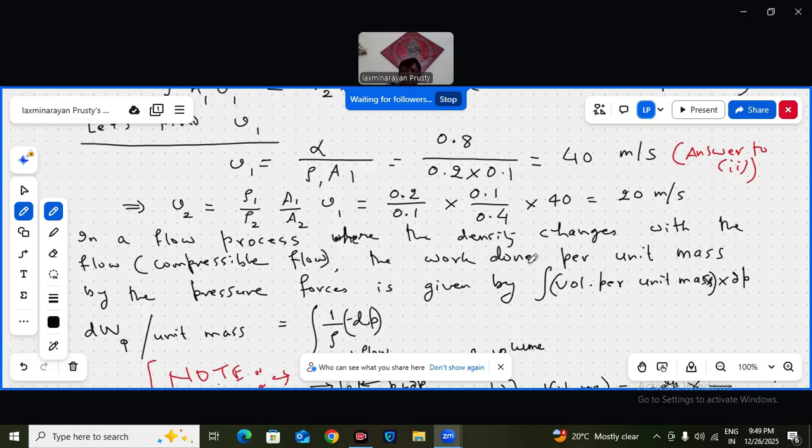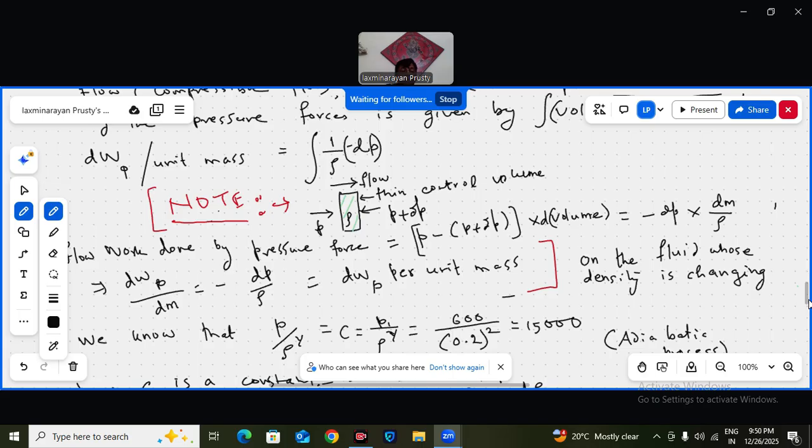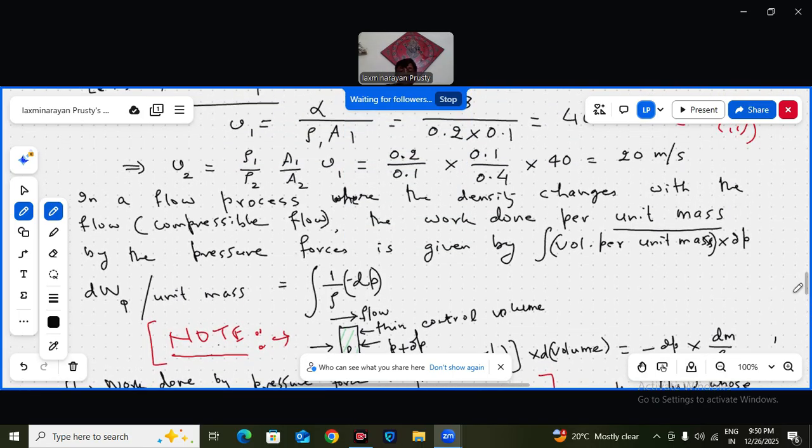The work done per unit mass by the pressure forces is given by volume per unit mass into dP. This is flow work. Flow work is volume per unit mass into dP, the work done per unit mass by the pressure acting on the element.